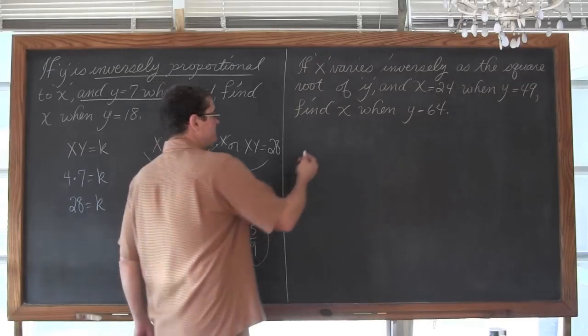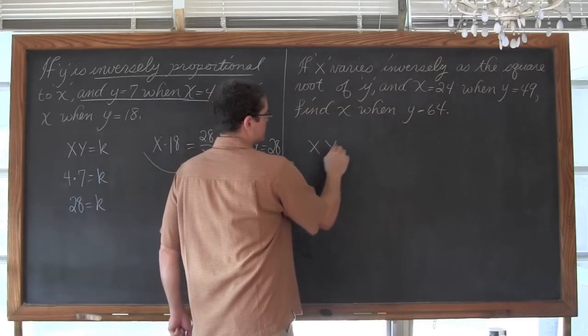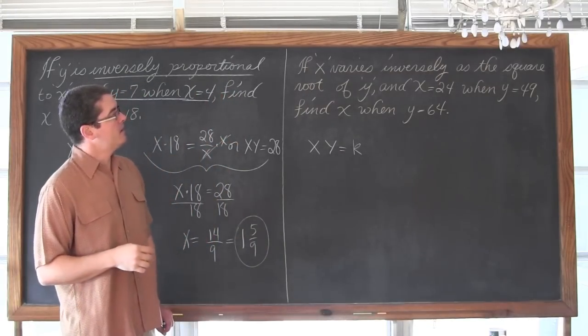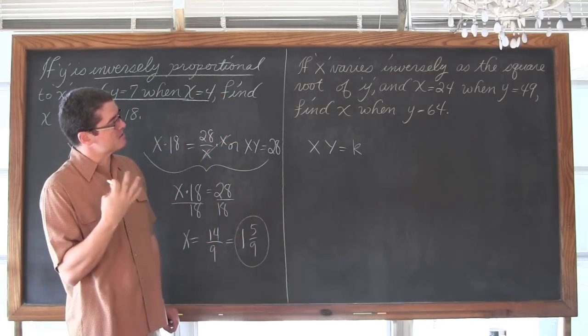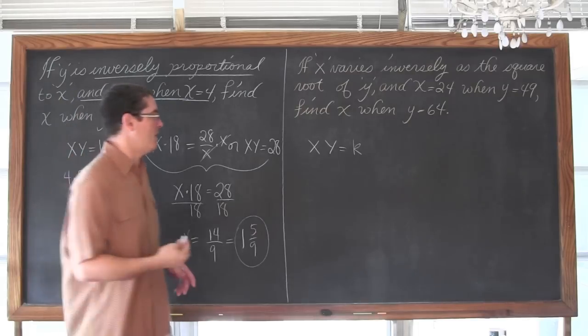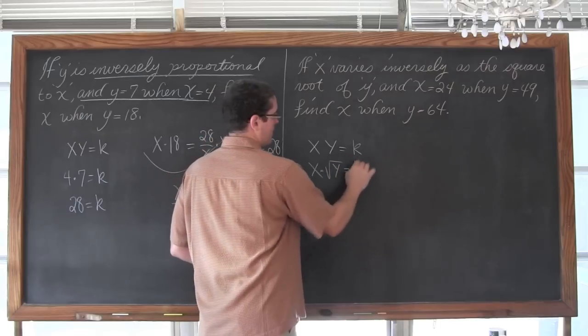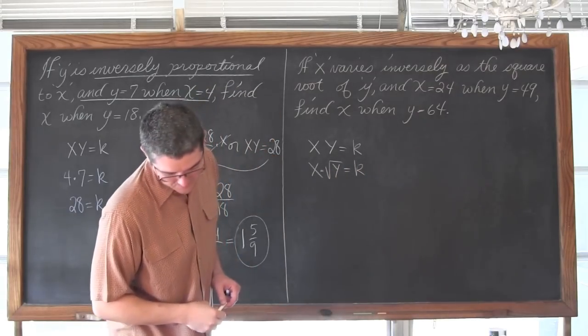Now, I think it's going to be a little bit simpler again if we use the x times y equals k format. So we're taking the square root of y, so we're going to have x times the square root of y is equal to k.